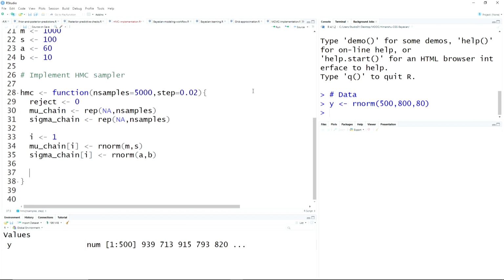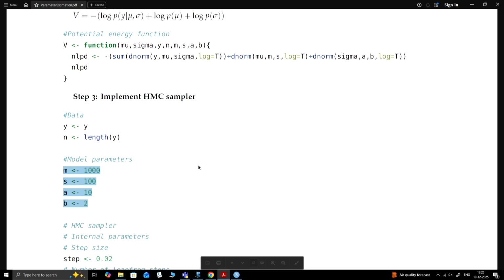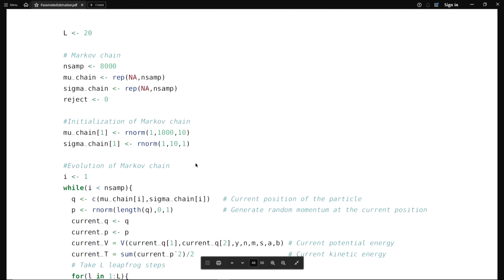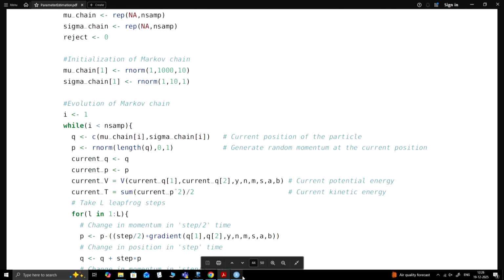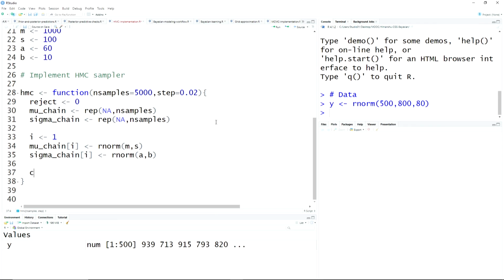Now I need to evolve these Markov chains, right? So let me just get this code here, or if you want, you can write it with me. So let us think of what is the current state or the current position. To indicate the current position, you use this Q. Q indicates the current position of both chains, so the value of mu and the corresponding value of sigma.